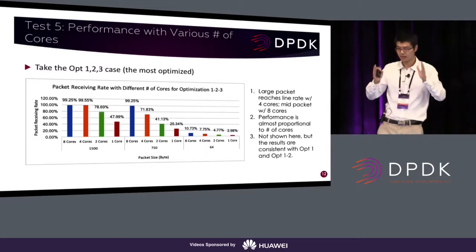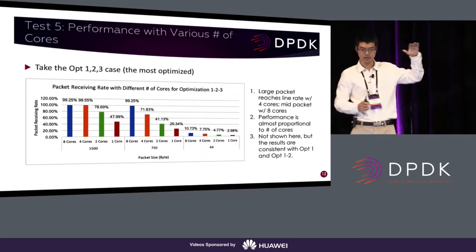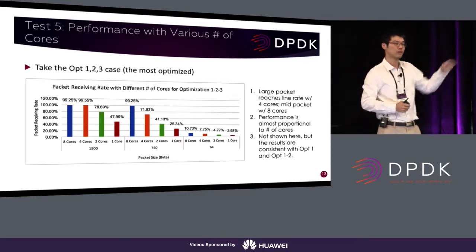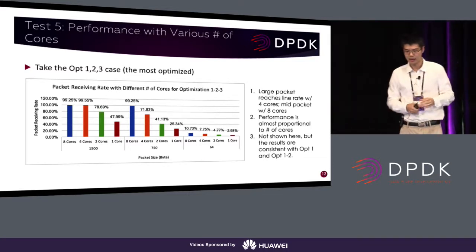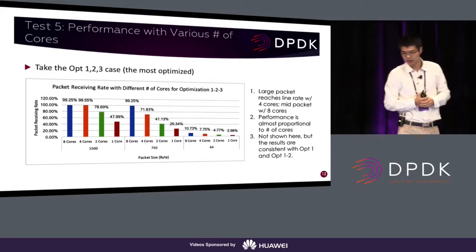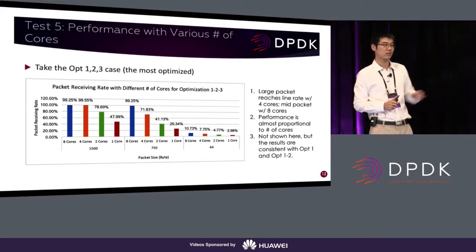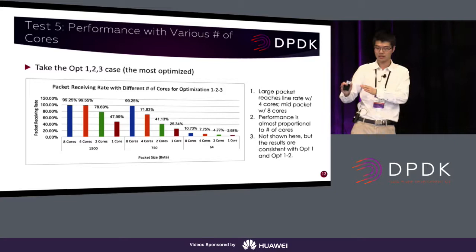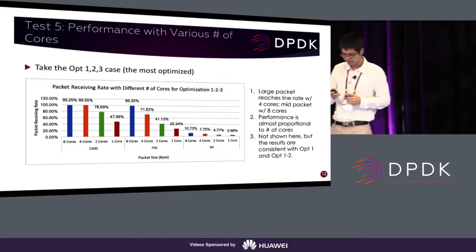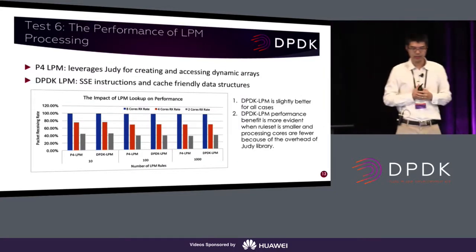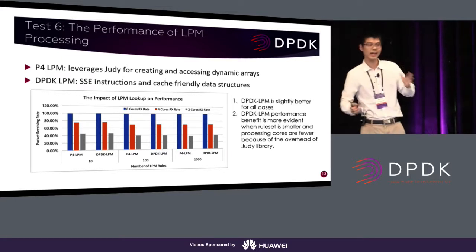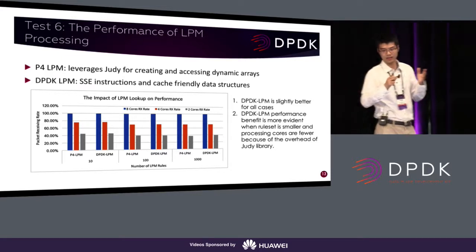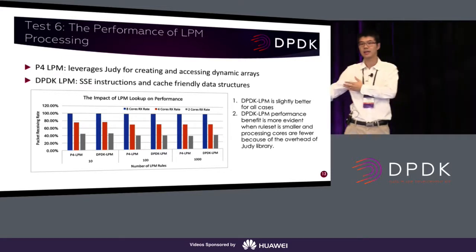For mid-sized packets, we can reach line rate with 8 cores. Okay? It is not shown here, but the results are consistent with optimization 1 and optimization 1 and 2. Okay. And lastly, how about we change the P4 LPM into the DPDK LPM?